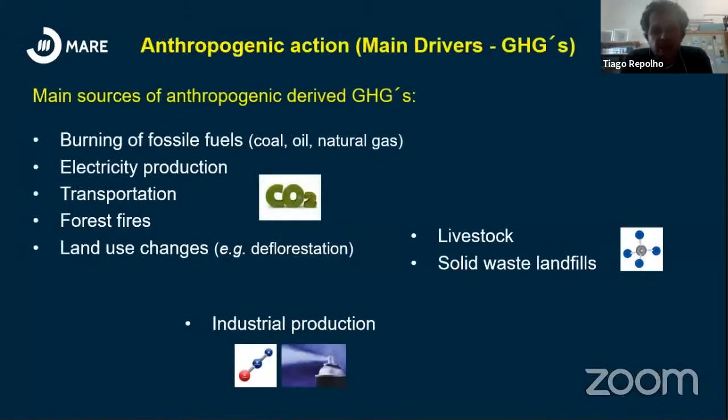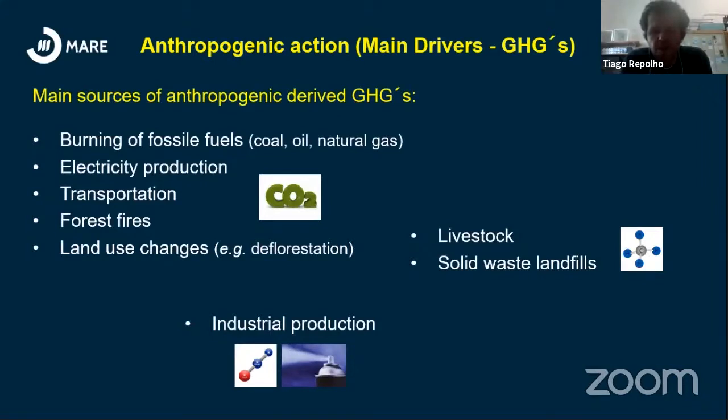The main drivers are greenhouse gases, and basically they are mainly 4: CO2, methane, nitrous oxide, and fluorinated gases. The main sources of these gases, in the case of CO2, result from burning of fossil fuels, electricity production, transportation, forest fires, and land use changes.